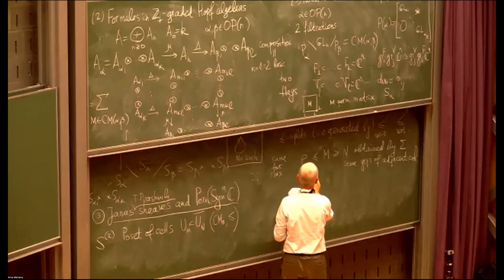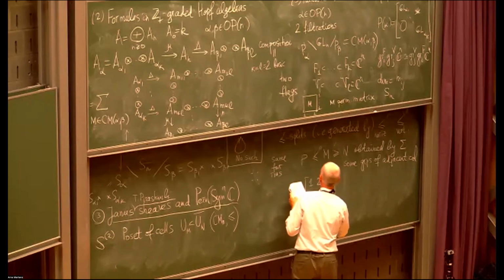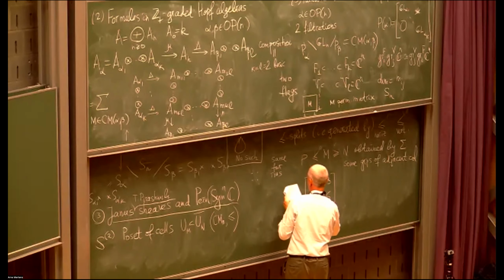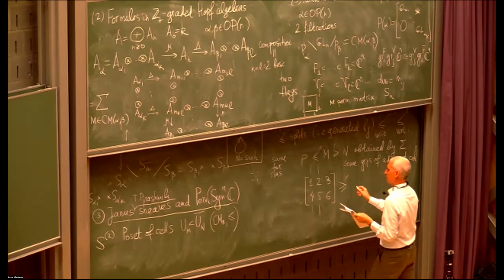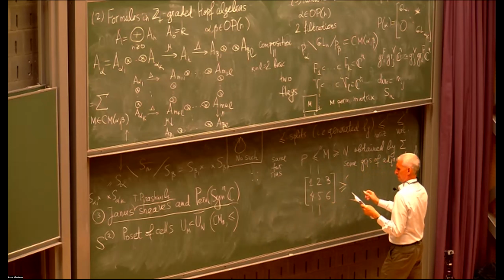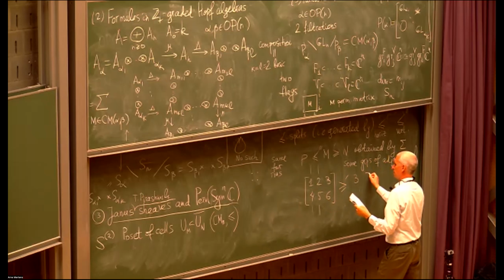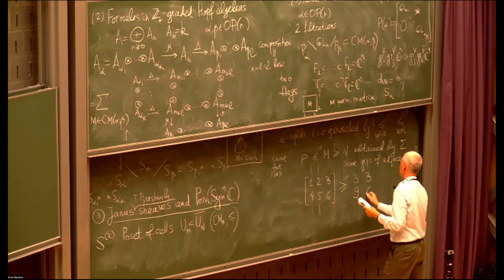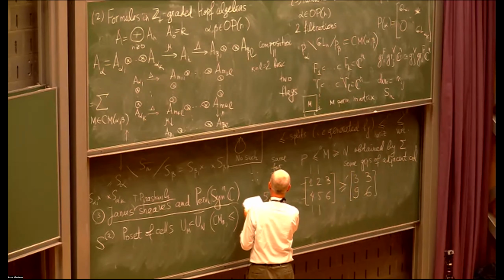For example, I have 1, 2, 3, 4, 5, 6. This is a matrix. I can sum this column and this column, so I get, greater in the first sense, 3, 9, 6. Or I can sum this row and this row, and I get 5, 7, 9.